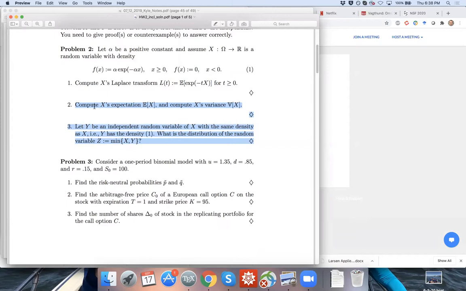Are we talking about problem 2.2 and 2.3? Just 3.